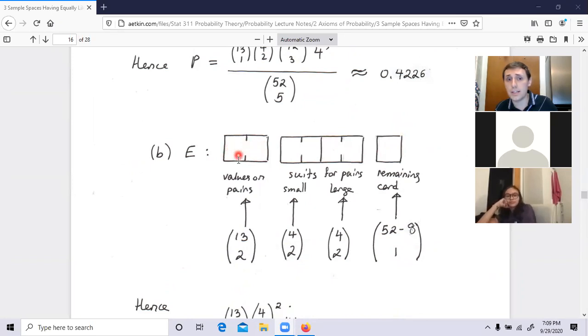So first is values on the pairs. Okay. So it will be 13 choose 2. Once I choose the numbers, I arrange them in order from smallest to largest. Good. And next, each of those numbers corresponds to 2 suits. Yes. So I will choose 2 suits for the smallest number, and 2 suits for the larger number. 13 choose 2.